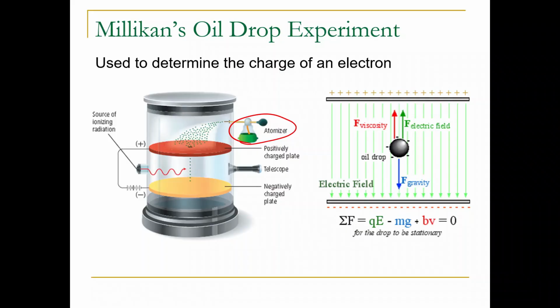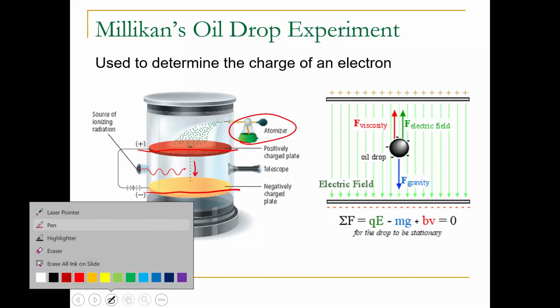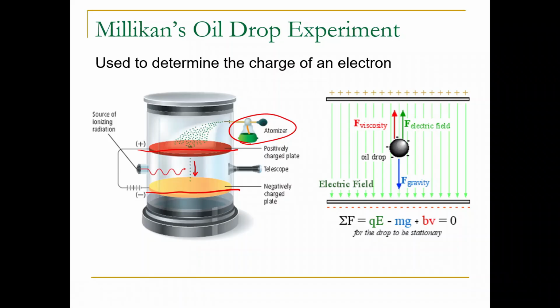Gravity would pull the oil droplets down. But there was a positively charged plate and a negatively charged plate. So if you picture what's going on, the electrons would be attracted to the positive plate while gravity is pulling them down.